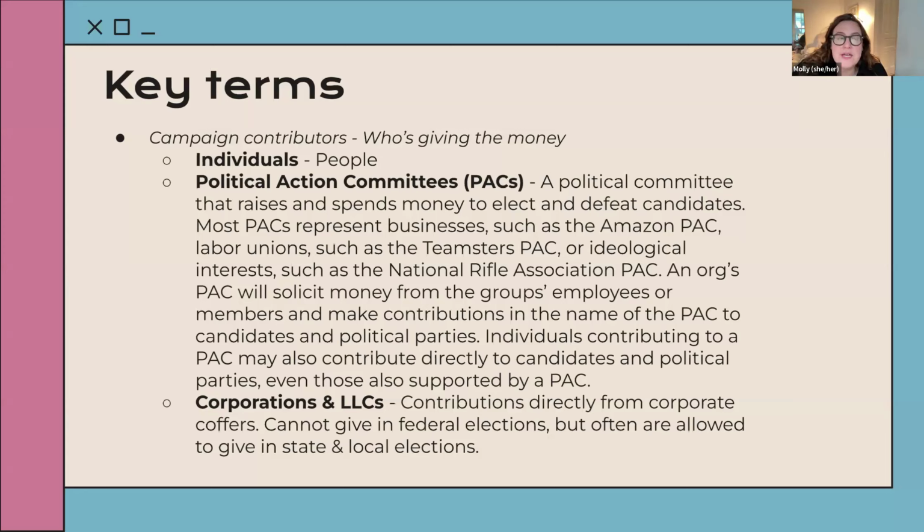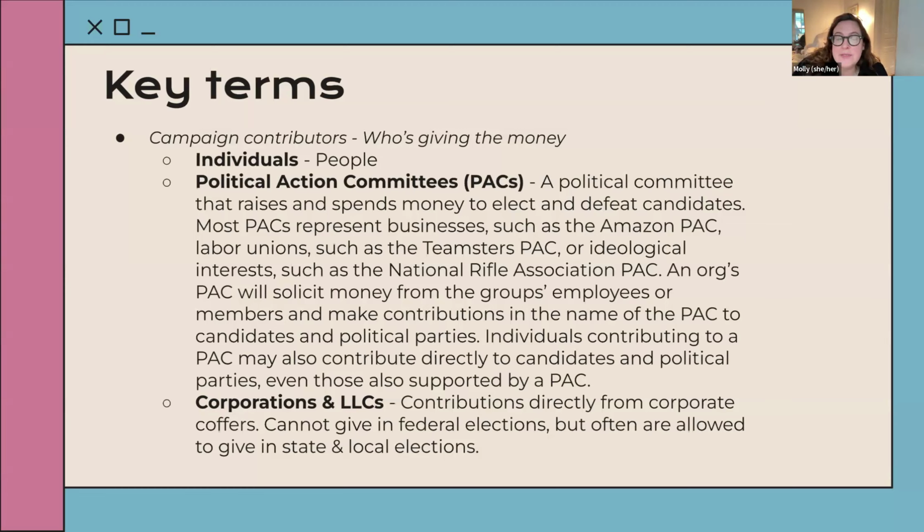There are also things called political action committees, or PACs, which is a committee that raises and spends money to elect and defeat candidates, and they represent groups. So they represent businesses, for example, Amazon or Microsoft or Apple will often have a PAC. Labor unions will have a PAC. Ideological groups like the NRA, the National Rifle Association, will have a PAC.